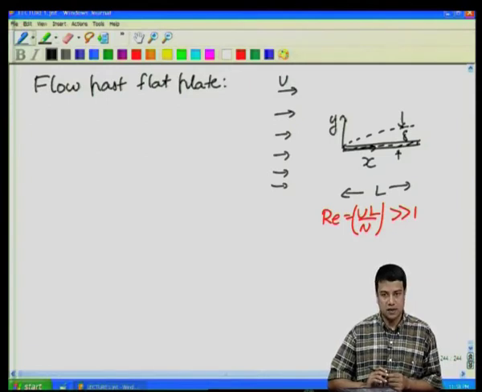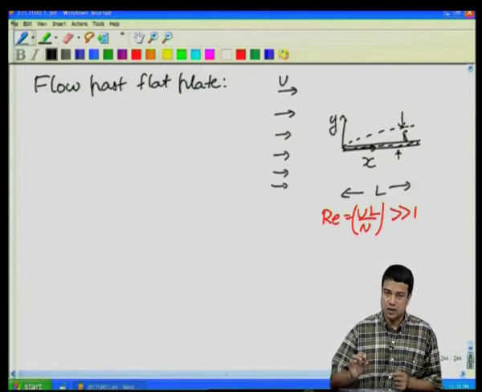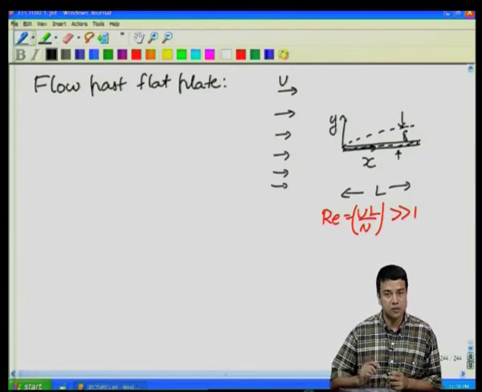We had done scaling in order to find out what this thickness delta should be in such a way that in the limit as Re goes to infinity, delta becomes smaller and smaller in such a way that in this layer the inertial and the largest viscous terms continue to be of the same magnitude.